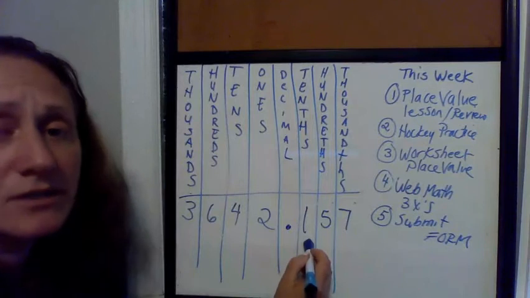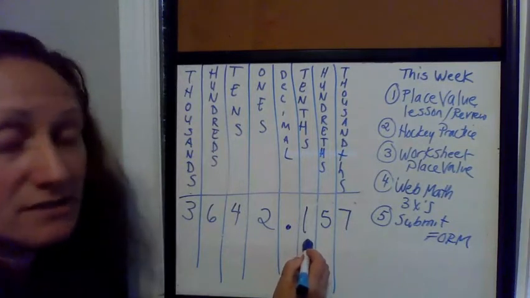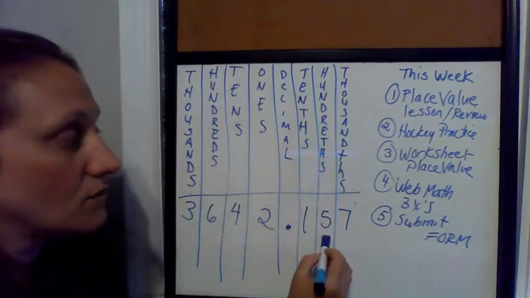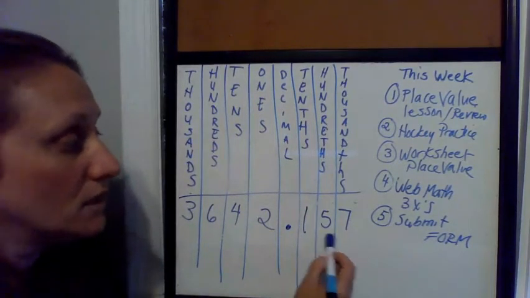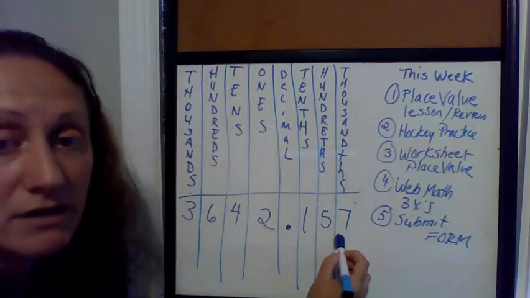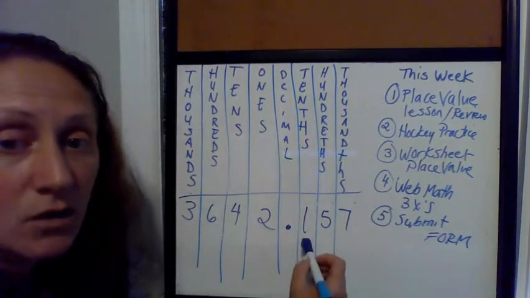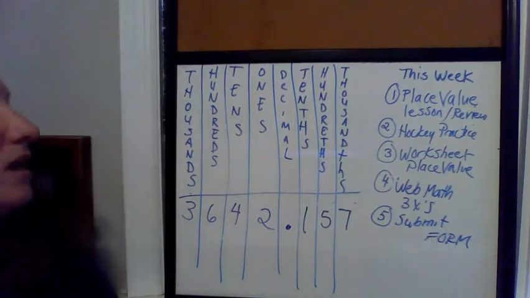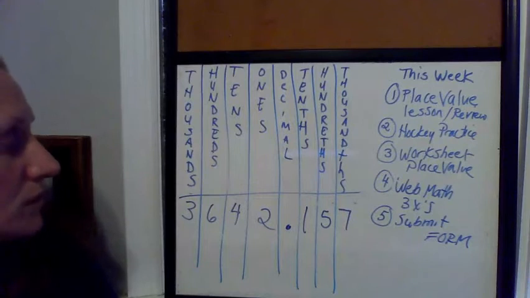After the decimal point, to the right of the decimal point, the first column is the tenths column. That has a THS at the end. To the right of that is the hundredths column. And then the thousandths column is to the right of that. So 157 thousandths.